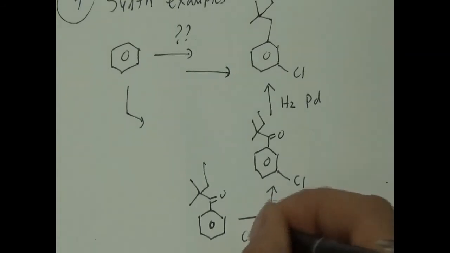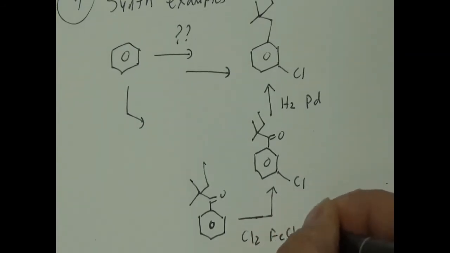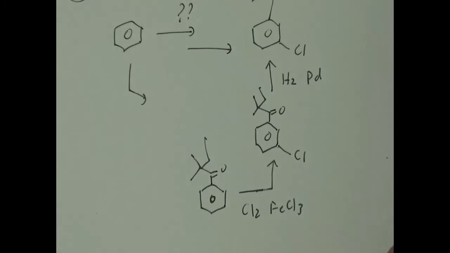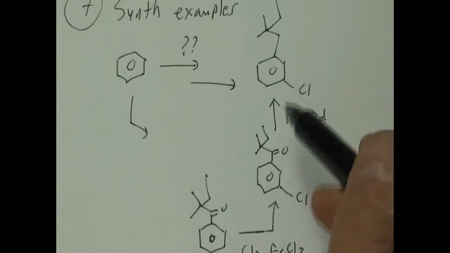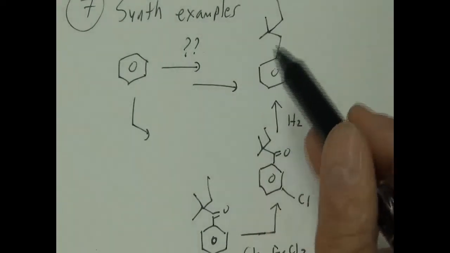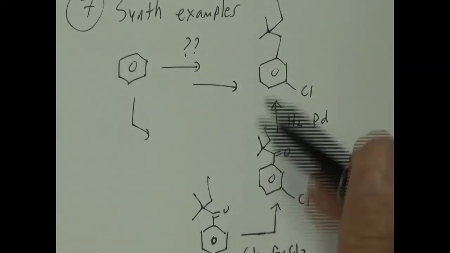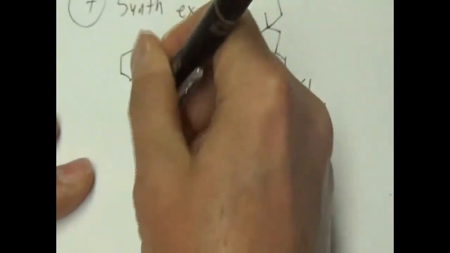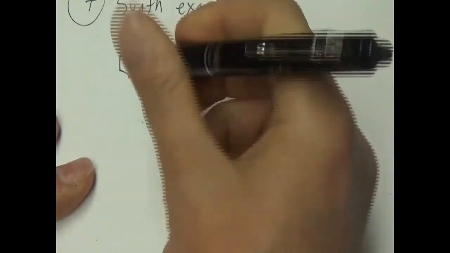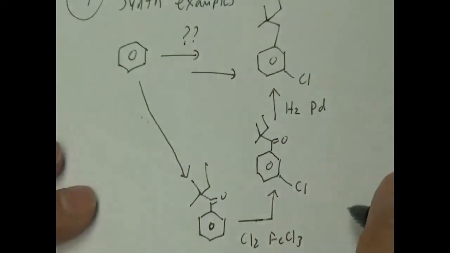It's Cl2, FeCl3. Now we're actually set, because we don't have to do all the shuttling back and forth of an alkane to a ketone. My point is we can go straight to the ketone, right?